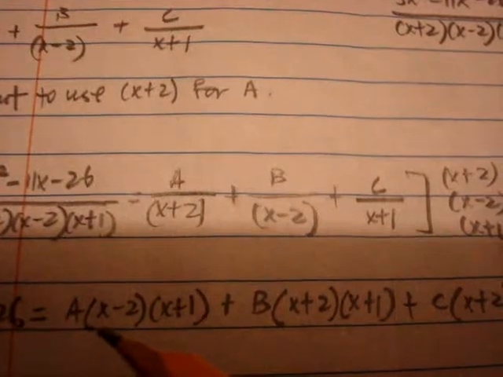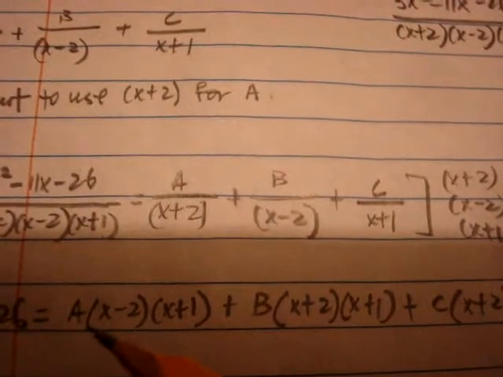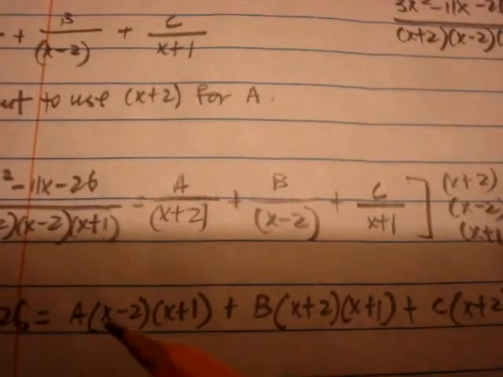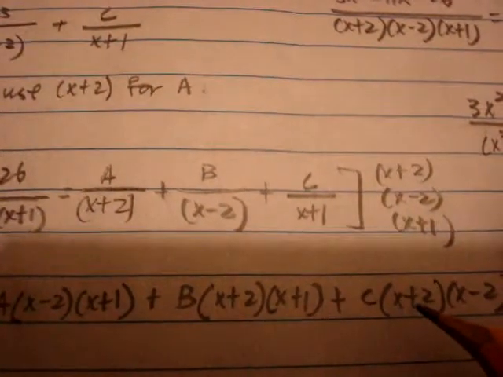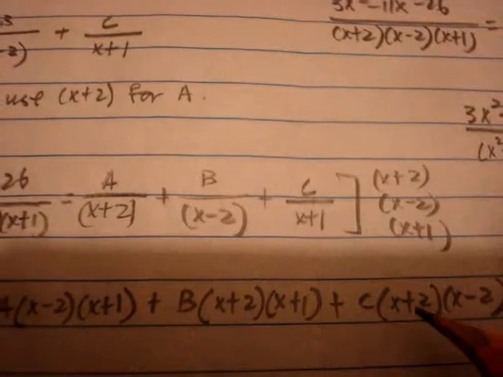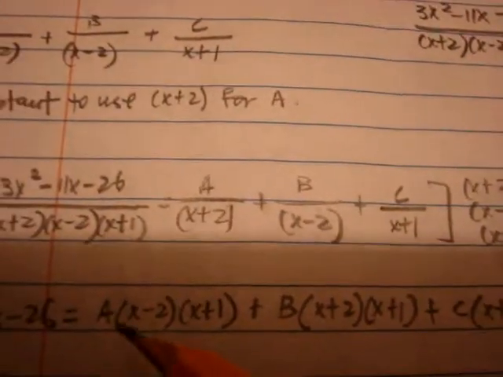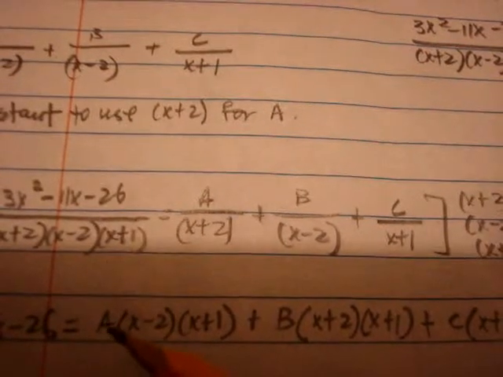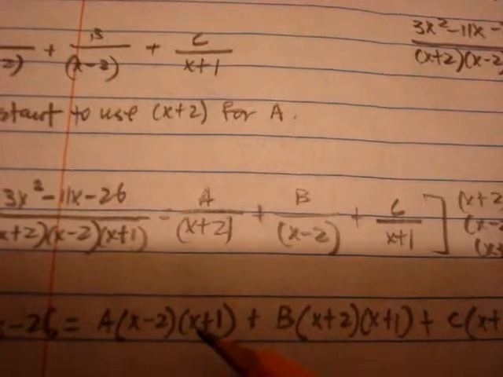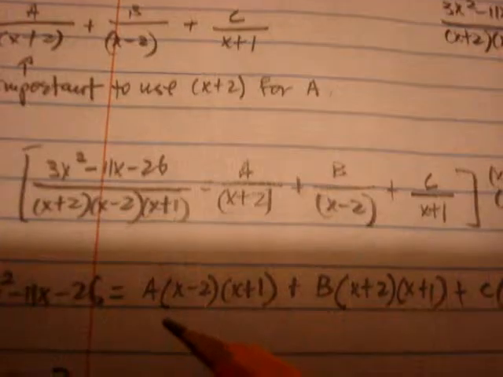So let's say I let x equal 2, then the A right here will become 0. The same thing for the C: the C will become 0, because 2 minus 2 is 0. 0 times A and times x plus 1 will be 0.